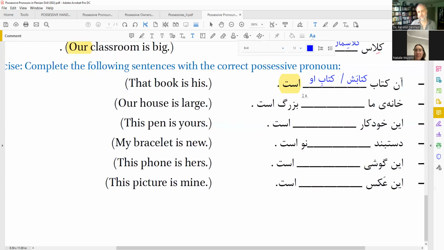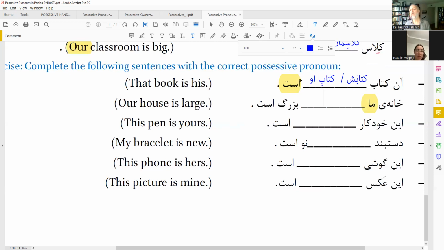Okay. So now I have here already the enclitic, the plain form. And what I would like to see here is the enclitic form. Kitabe.